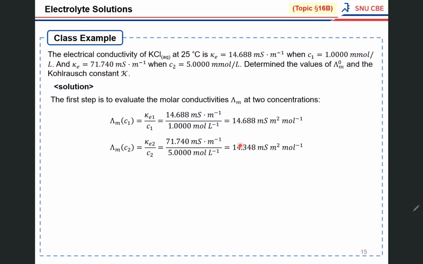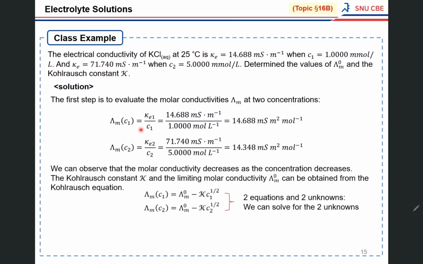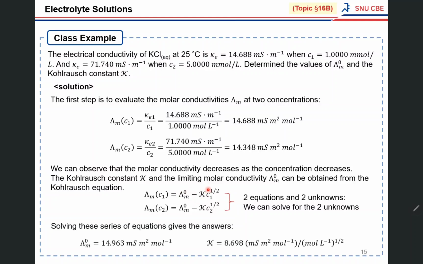So you see that the molar conductivity still depends on the concentration. The second thing you assume is that these molar conductivities follow this Clausius law here. So now you have two values of the molar conductivity at two different concentrations, so that you can solve for the two unknowns, which are the limiting molar conductivity and the Clausius constant. If you solve for that, then you can get the values of the two like this. So this is one of the very simple examples where you can play with the Clausius law.